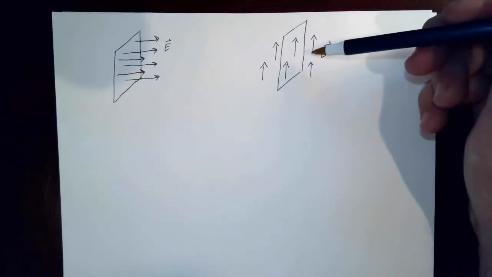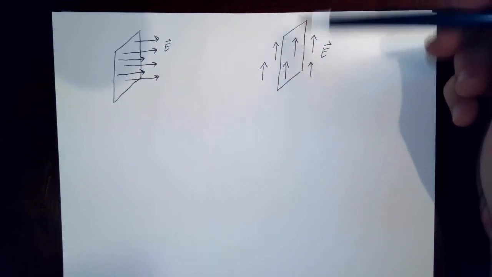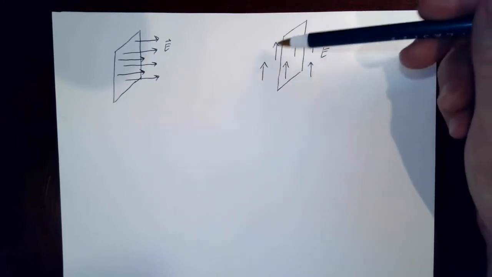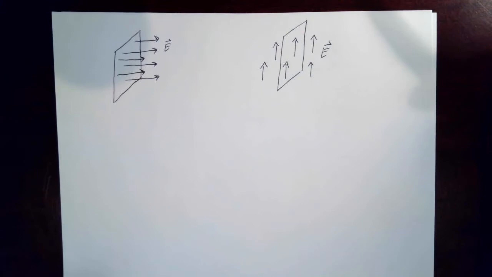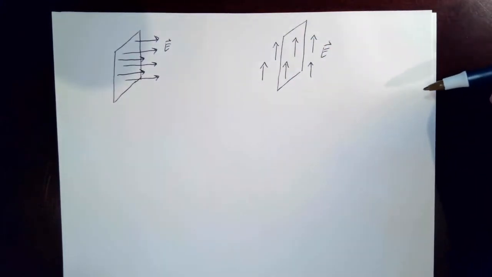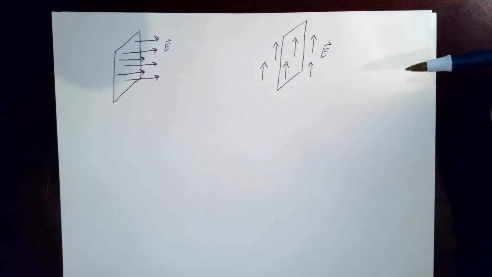Over here, the electric field is parallel to the surface, and I think you can see that, especially if this is a mathematical surface that has no thickness, then none of these electric field lines are penetrating the surface. They're just skimming along the surface, but none of them are actually traveling from one side of the surface to the other.